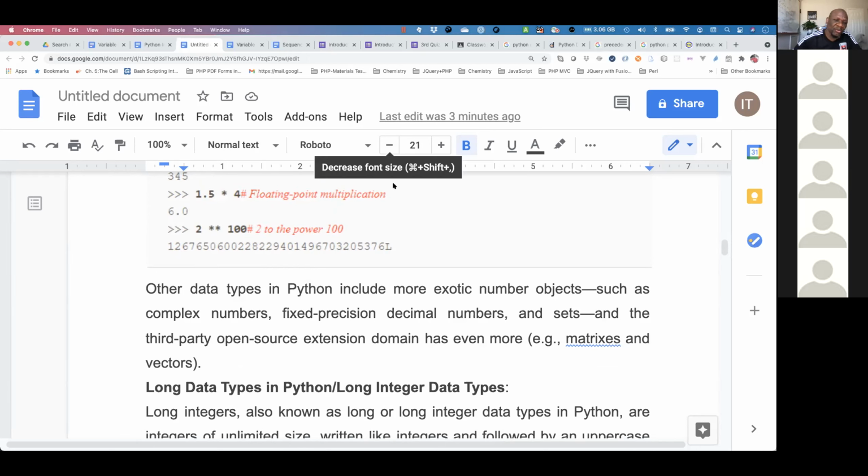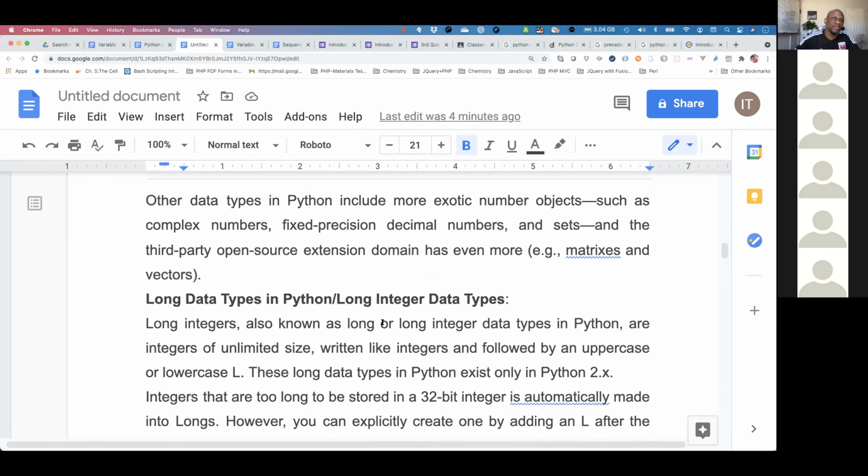For the advanced class, they're probably already talking about NumPy, or Numerical Python. Then the long data types in Python, or the long integer: if you were to declare billions of dollars or billions of people, that's a bit of a stretch, so you have to reserve a large memory space to accommodate that value.